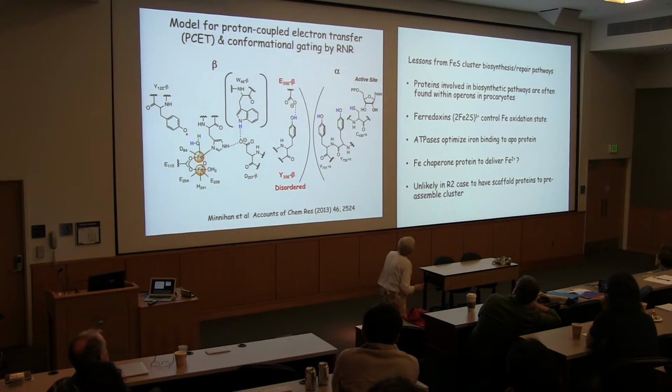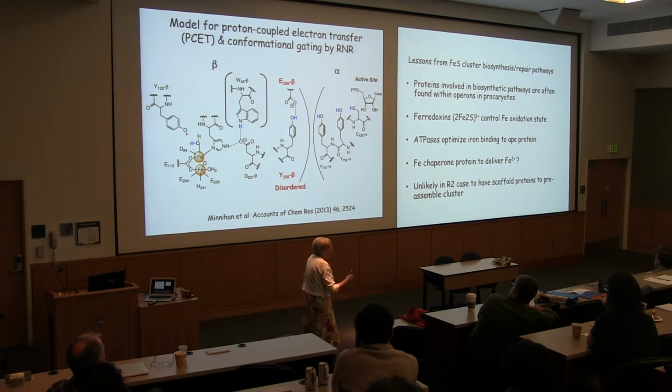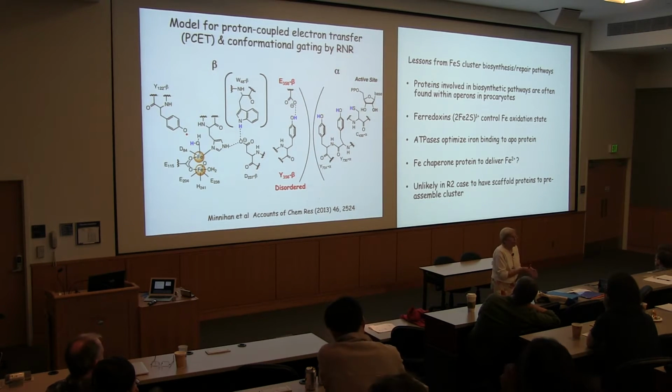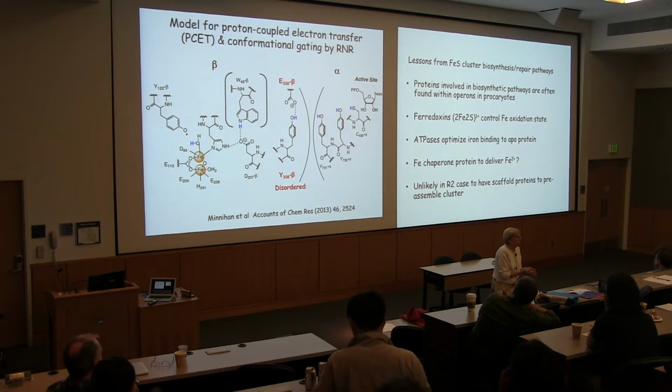We know that ferredoxins can deliver reducing equivalents, and I'm going to show you we discovered a ferredoxin in this system as well. The key thing, and I think this is the real issue, and I still really don't think we get it: when you overproduce an enzyme in a recombinant system, most of it's not folded right. It depends on how big it is, but it has lots of conformations.